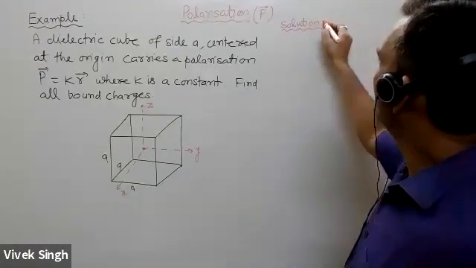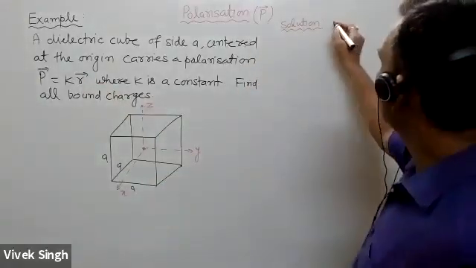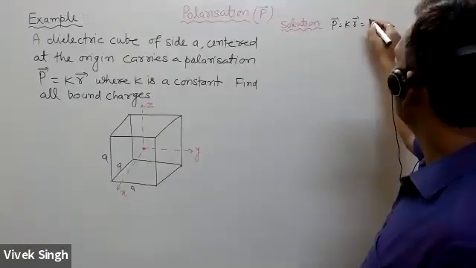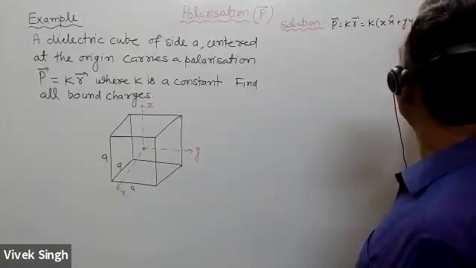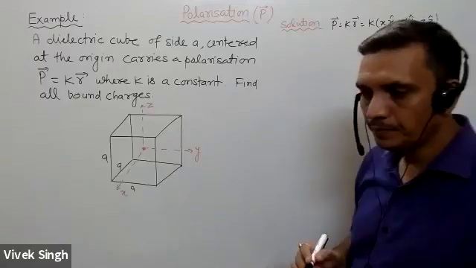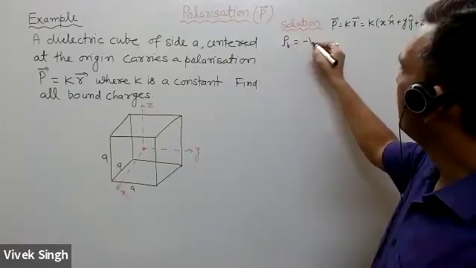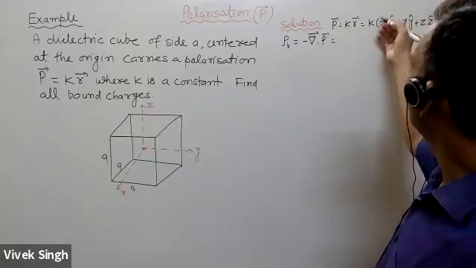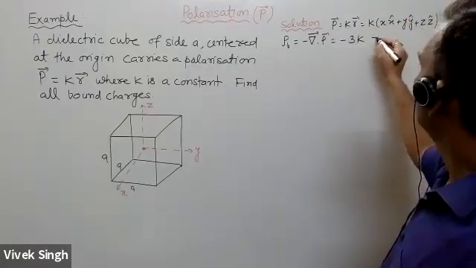In Cartesian symmetry, you can write P, position vector R, as K times X X cap plus Y Y cap plus Z Z cap. So what will be rho B? Rho B is minus divergence P. The divergence of P is 3K, so you will get minus 3K.